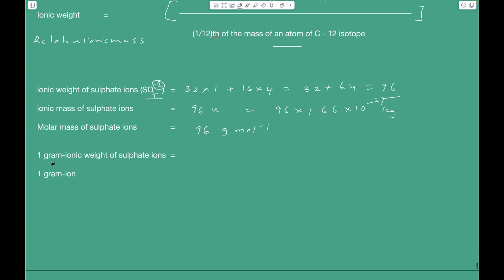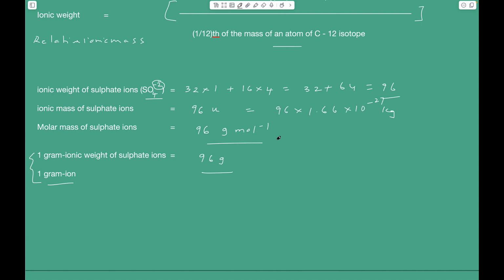Then what is 1 gram ionic weight, also known as 1 gram ion? Remember, this is again old vocabulary, and you also know how to figure this out. It is simply its ionic weight in grams. So 1 gram ion of sulfate ions is 96 grams of sulfate ions. And the molar mass of sulfate ions is 96 grams per mole.